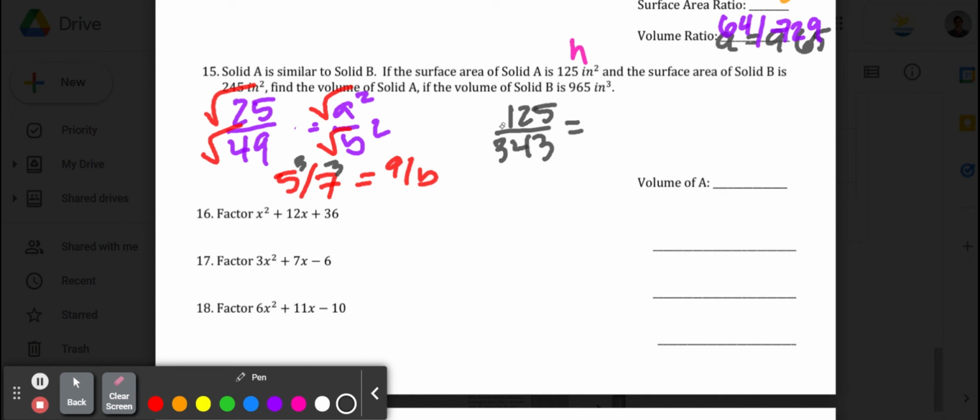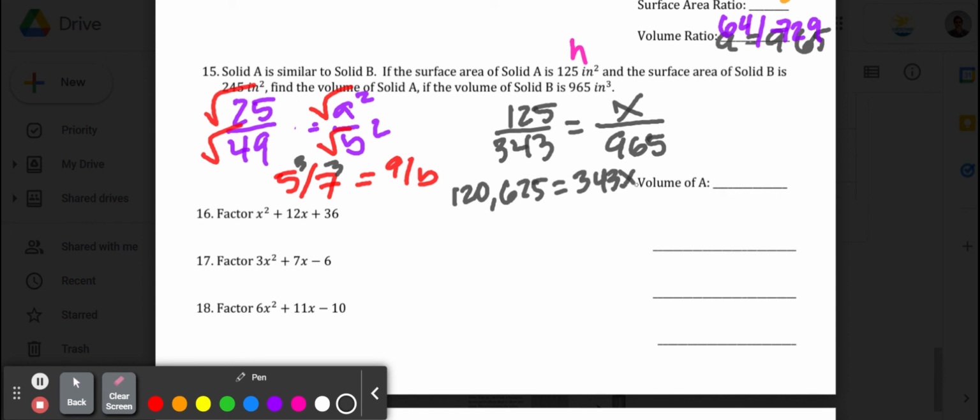We did A on top, B on the bottom, so it's giving me B, so I'm going to put 965 on the bottom and X on top. Then we just cross multiply this, so 125 times 965 is 120,625 equals 343 X, then just divide by 343.